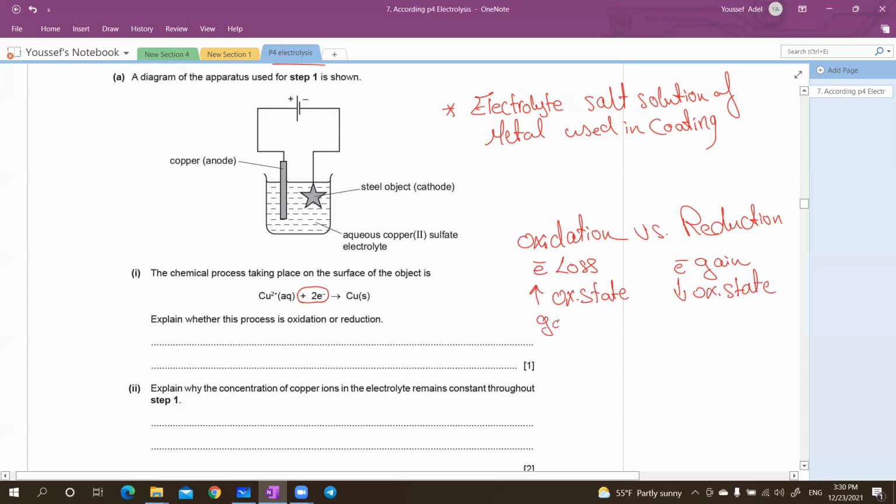Oxidation means gaining oxygen, and reduction means losing oxygen. So this is electron gain. So this is reduction, because the Cu2 plus ion gained electrons.